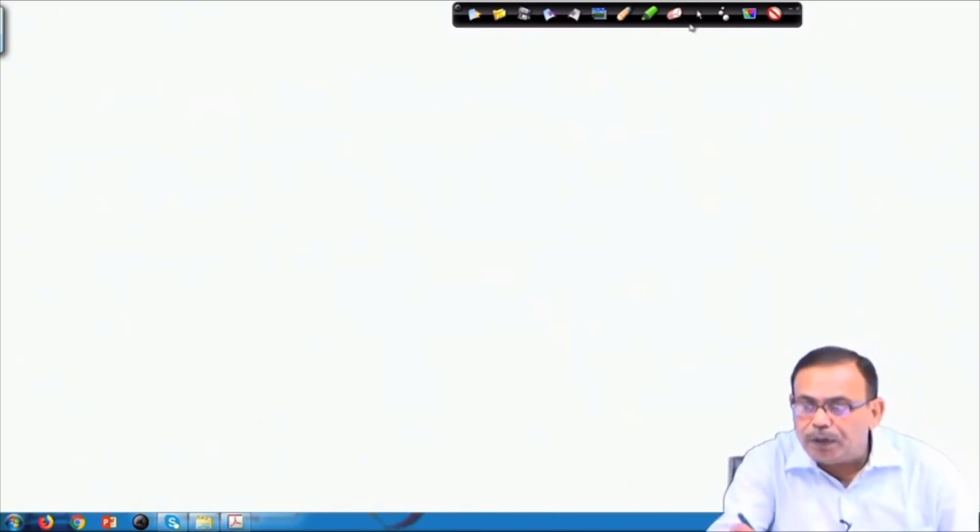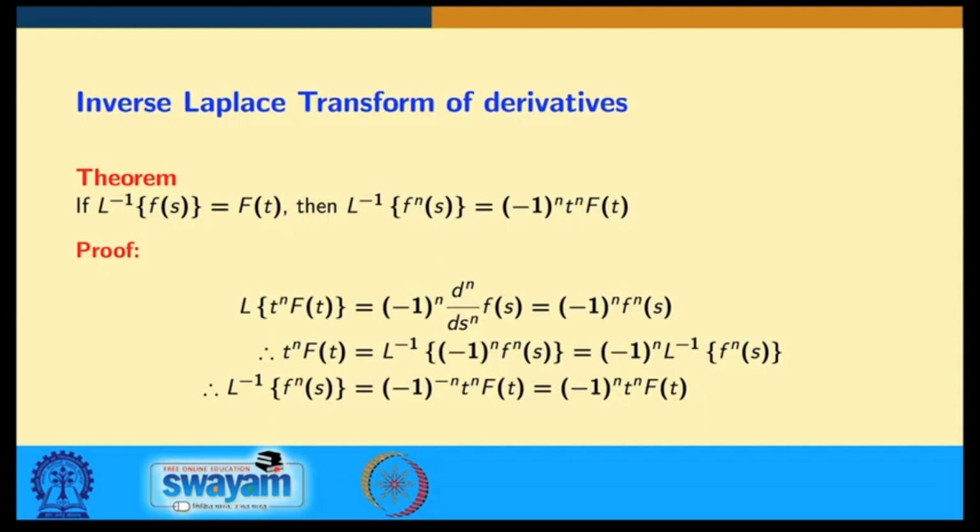So, if I go back, I had to prove that the Laplace inverse of F^(n)(s) equals minus 1 to the power n t to the power n into f(t). I started with the Laplace transform of t to the power n into f(t) equals minus 1 to the power n d^n/ds^n of F(s), because this is known from the derivative theorems of Laplace transform.